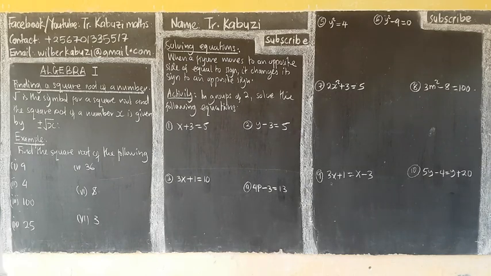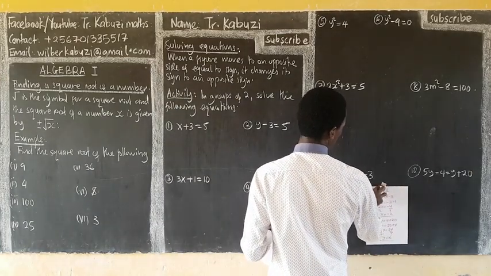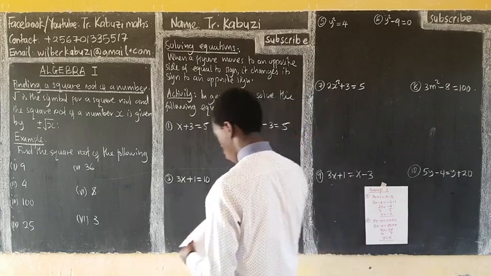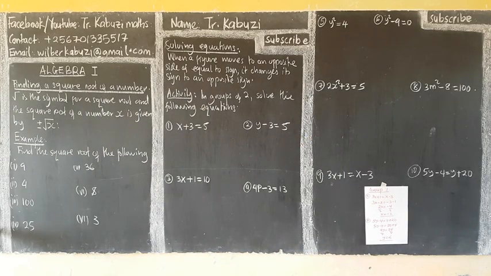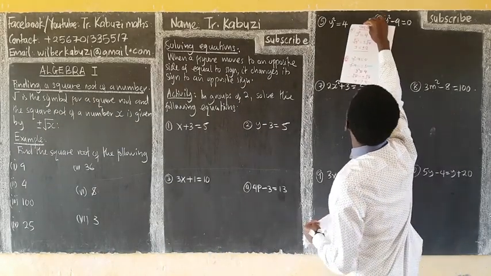Okay, so these are the groups I have. Group 1 is doing these two here. Then I have group 4 doing the upper one.